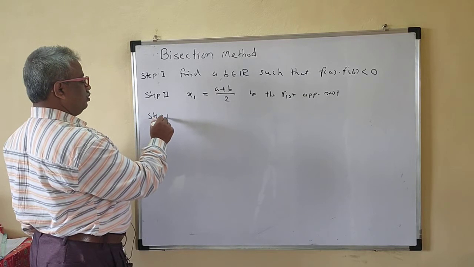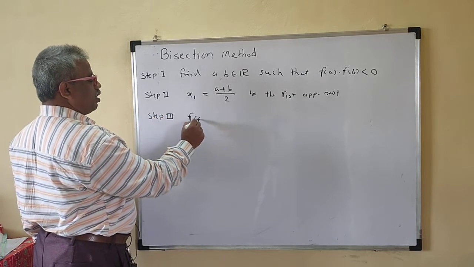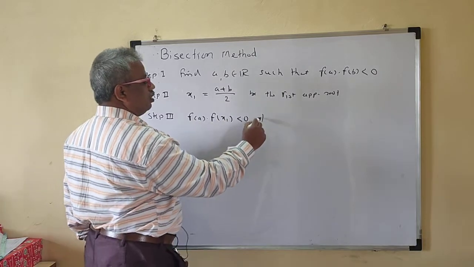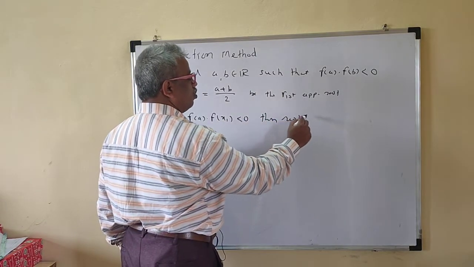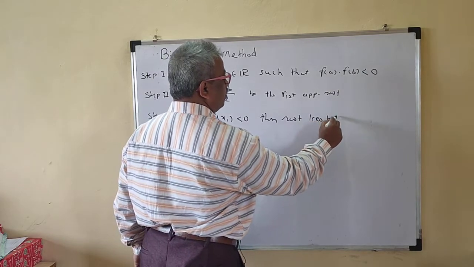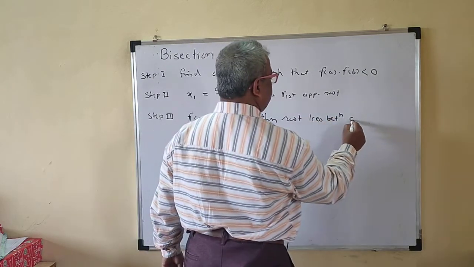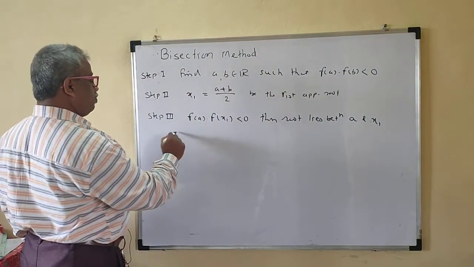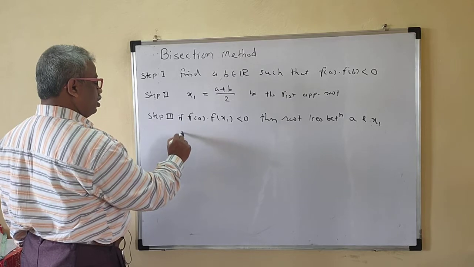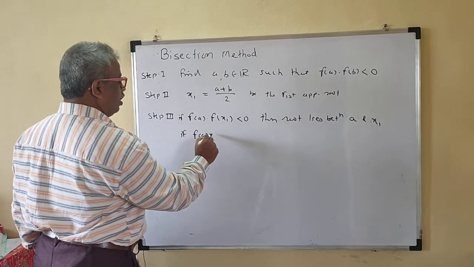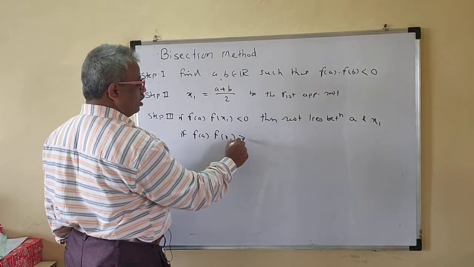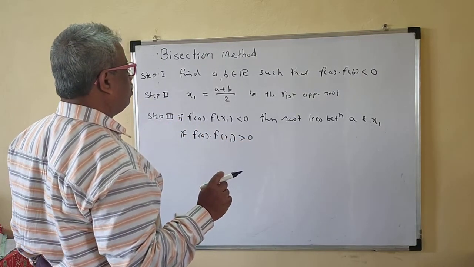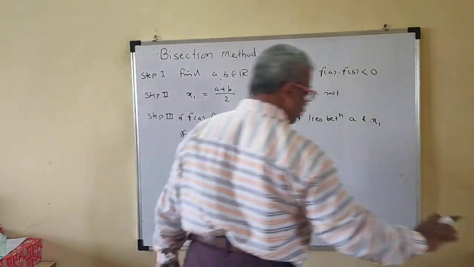Step three: if f of a into f of x1 is less than 0, then the root lies between a and x1. If f of a into f of x1 is greater than 0, the root lies in the other interval.